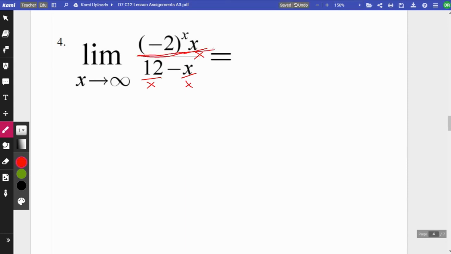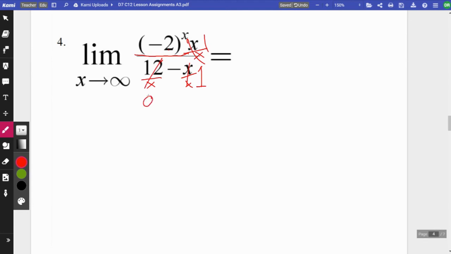Okay. Well, these x's would cancel, just leaving a 1, but that's not going to do a ton. It's -2 to the x times 1 then. x over x right here on the bottom, -x divided by x is just a 1. 12 over x, we can see that if I'm plugging in a really large number for x, it's going to converge to 0.